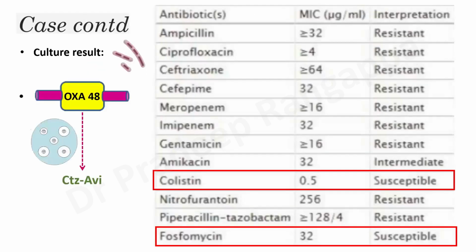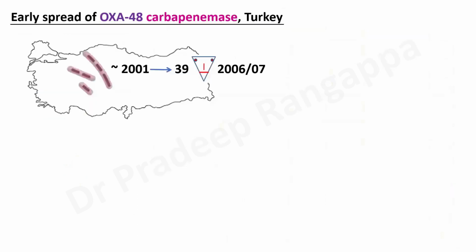So the reason for showing this is how important it is to understand that this is the gene that is coding for OXA48 enzyme. Then we need to understand what is OXA48, and these are the names that every intensivist or a clinician should be aware what this means. What does OXA48 mean? And we should have some inkling about what these enzymes are and what are the genes that code for this. So first, this OXA48 is an enzyme, which is a carbapenemase enzyme, which will deactivate carbapenems.